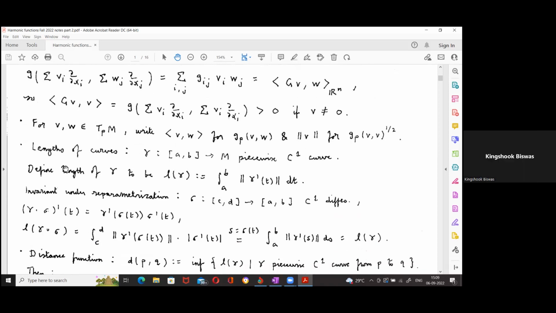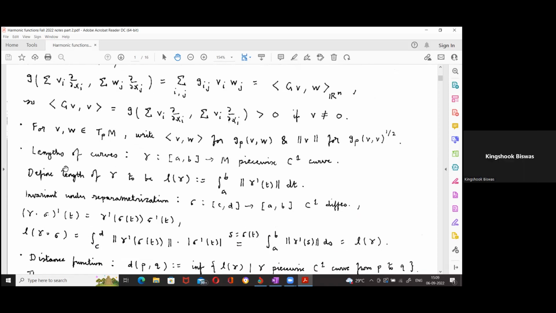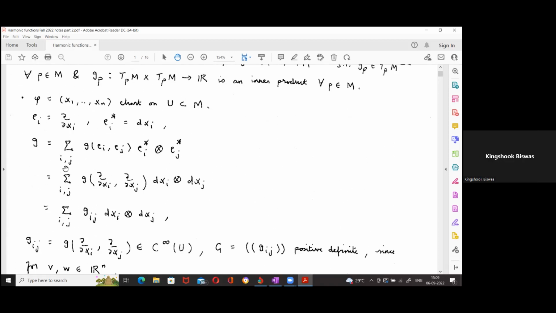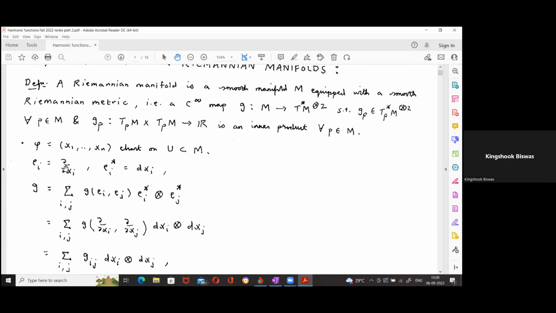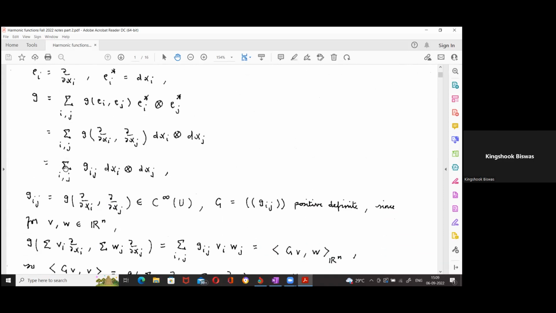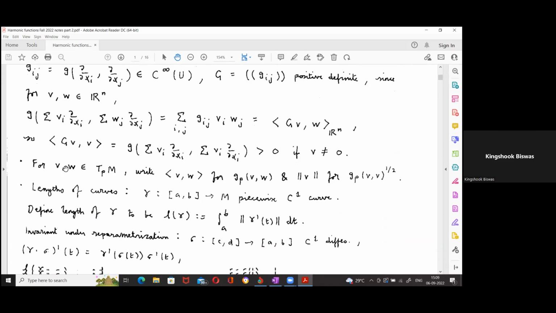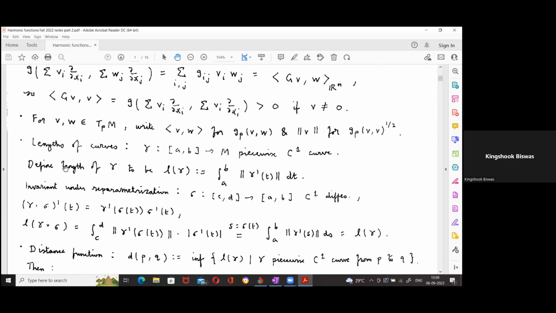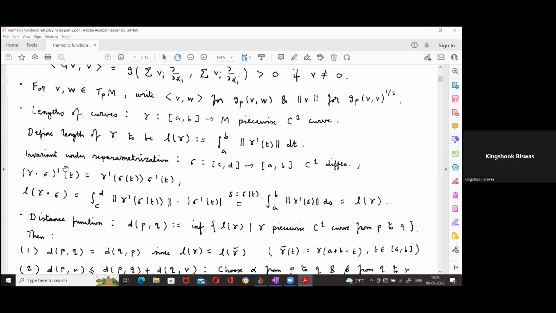So now once we have an inner product on each tangent space, I can talk about the norm of tangent vectors, and therefore I can do the usual thing to define lengths of curves. If gamma is a piecewise C1 curve in M, then we can define the length of gamma to be the integral of the norm of the tangent vector gamma prime t.